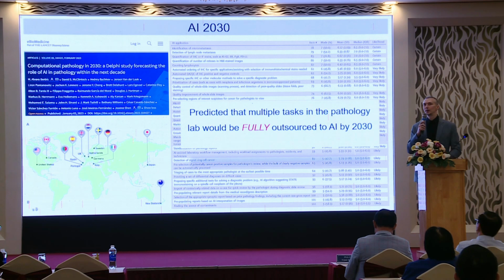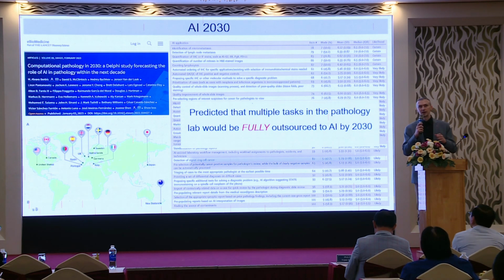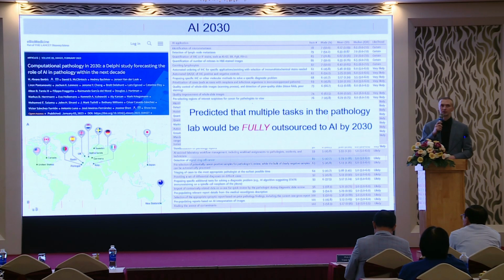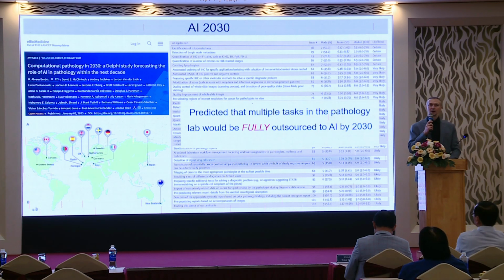All the people involved, from Yale to Stanford, Karolinska to Harvard and so on, key opinion leaders who were engaged in using digital pathology and AI tools and in developing those tools, but basically pathologists, were asked the question: what is going to happen with computational pathology in 10 years ahead?